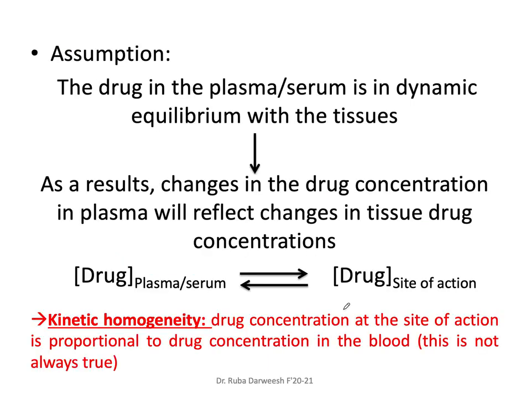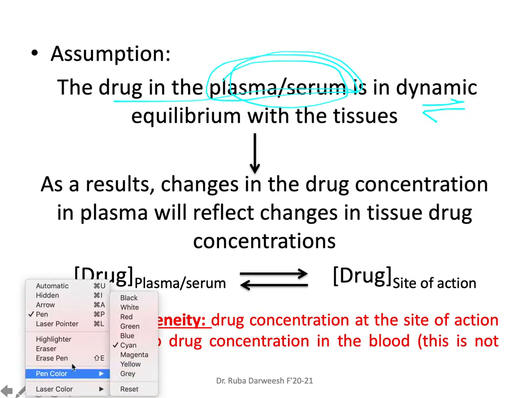Okay. This slide is very important, in which we have one of the major assumptions in kinetic modeling and kinetic studies, in which we are assuming that the drug in the plasma or the serum or the systemic circulation is in dynamic equilibrium with the tissues. Again, it's equilibrium.